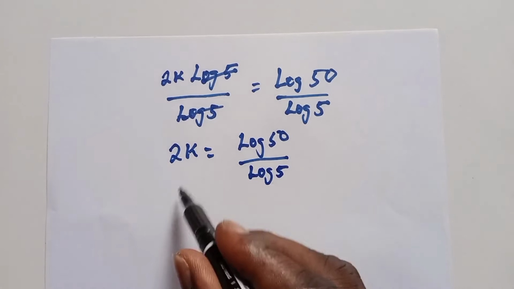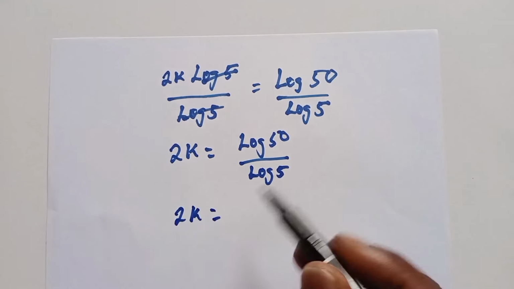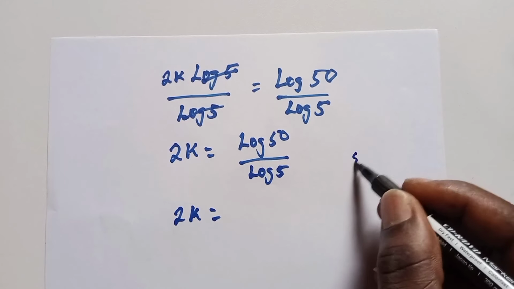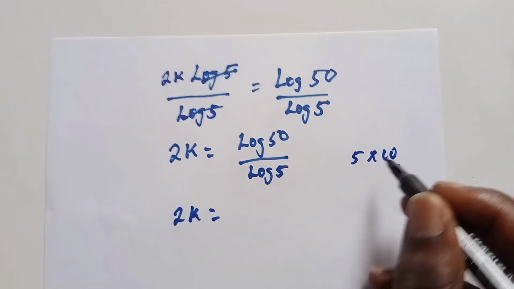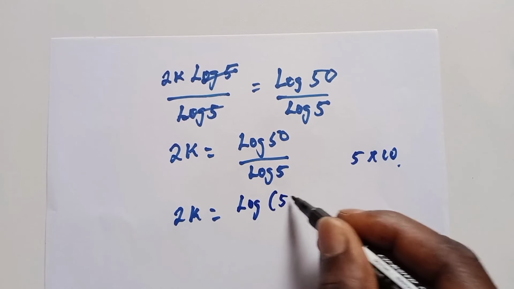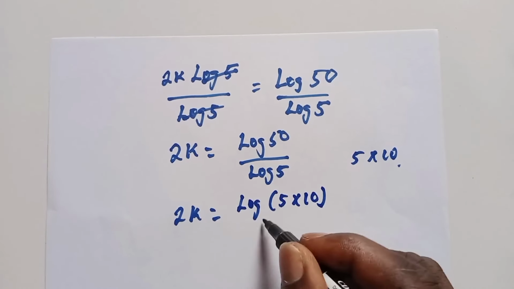From here we have that 2k is equal to, we can split 50 into 5 times 10. So if we replace 50 with this, we have log of 5 times 10 over log 5.